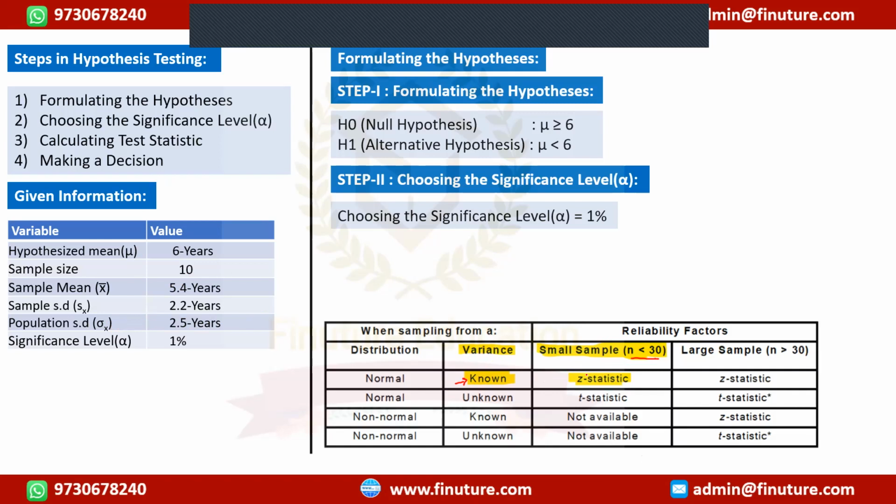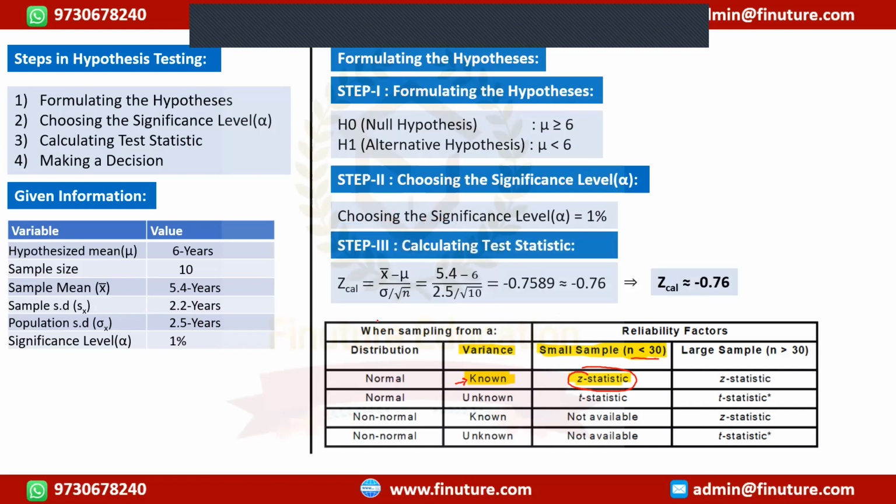So we can use the Z test. Again, if the population standard deviation had not been given, then perhaps we would have used the T statistic. But over here, we are good to use the Z statistic.